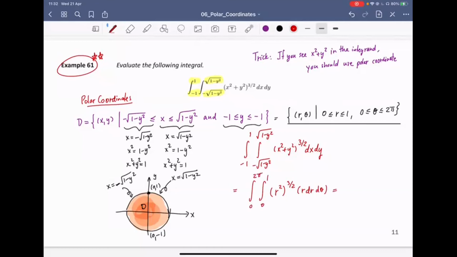And that is the integral from 0 to 2 pi, integral from 0 to 1 of r to the 4th power dr d theta. This is r to the 5th power over 5, evaluated from r equal to 0 to 1, then integrate 0 to 2 pi d theta. All right, the answer is going to be 2 pi over 5. Once you switch to polar coordinates, your integration is super easy and you can do it in one line.